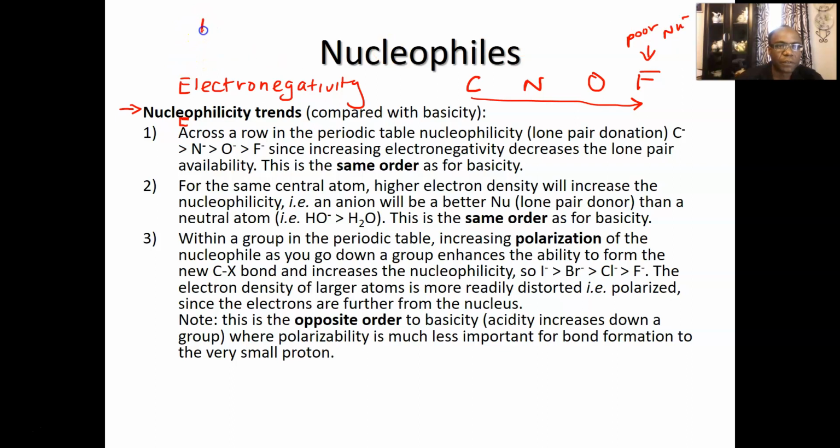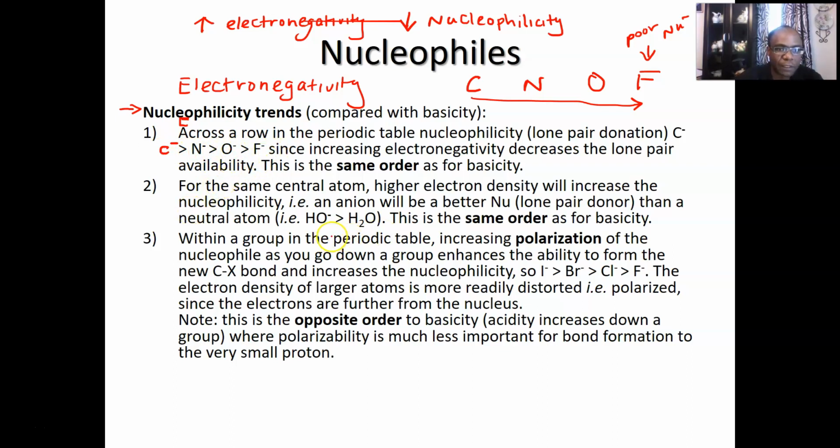In principle, if an element holds on to electrons strongly, which means an increase in electronegativity, that will decrease nucleophilicity. So an element that's more electronegative would not be a good nucleophile. So that's why C minus will be a stronger nucleophile than N minus, than O minus, than F minus.